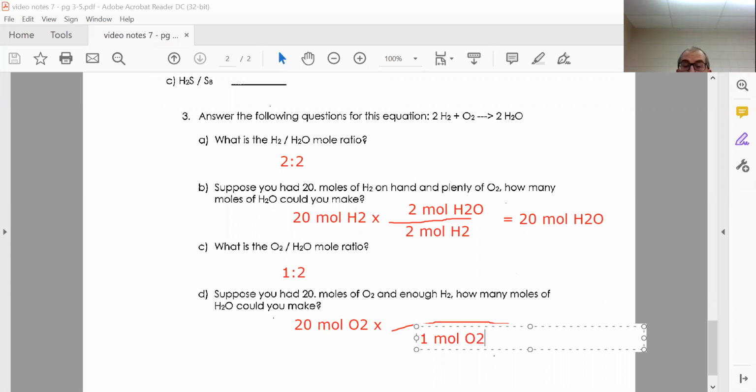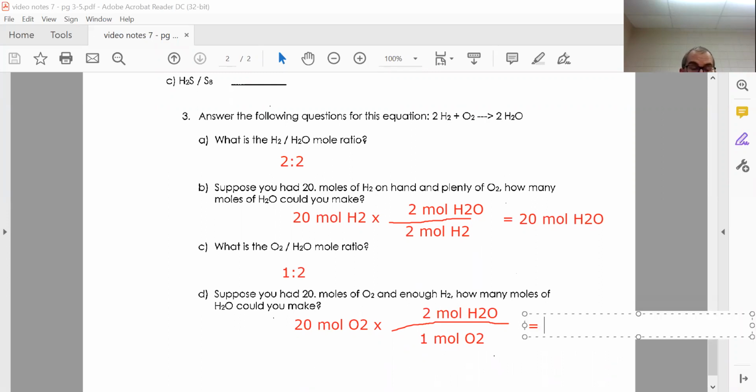I have 1 mole of O2 there because there's a 1 as this coefficient. And I have 2 moles of H2O on top, so I'm going to write that in.